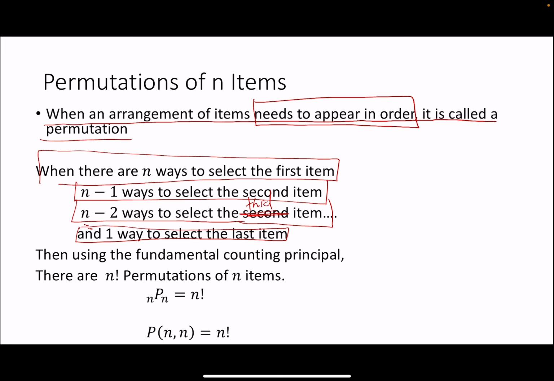So the formula, using the fundamental counting principle, is there are n factorial permutations of n items. So you write that as P(n, n) equals n factorial.